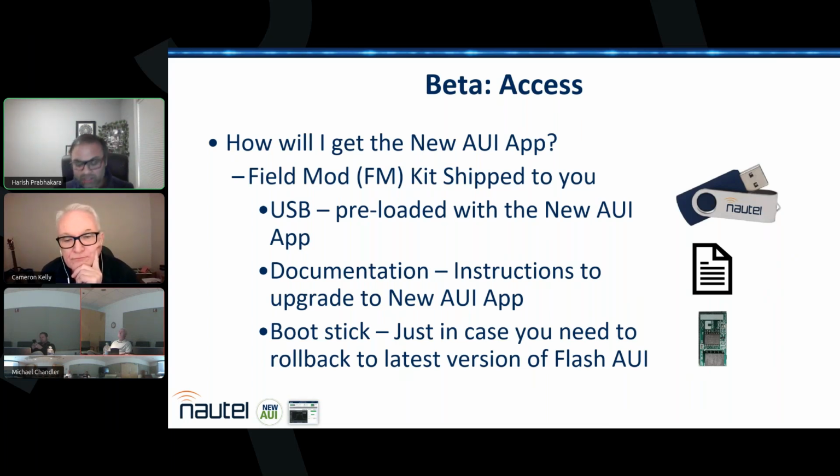And I'll be talking in the next slides about the support structure during the beta, if such a scenario is to occur. So basically you'll have a USB and a document saying these are the steps to upgrade. So you just follow it, and that's the upgrade part to the new AUI app.